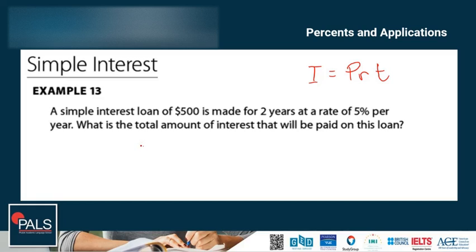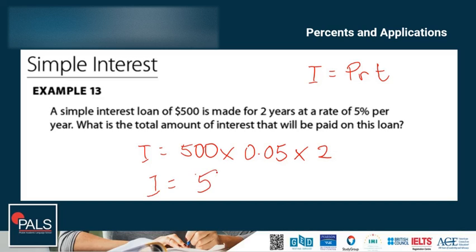I is the interest, P the principal amount, 500, times the rate, 5%, which is equal to 0.05 in decimal, and T, 2 for years. Okay, then the interest to be paid will be $50. So the $50 will be added to the original.